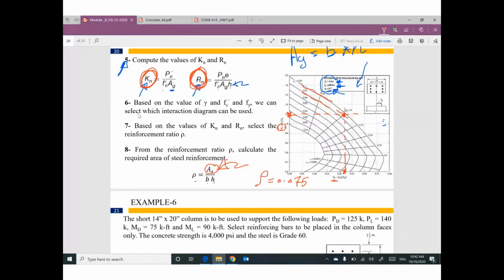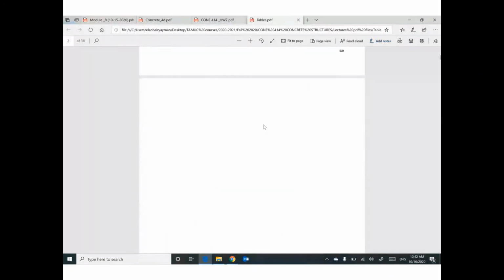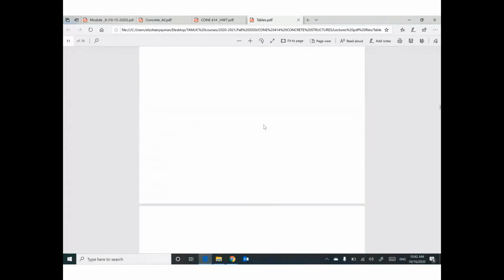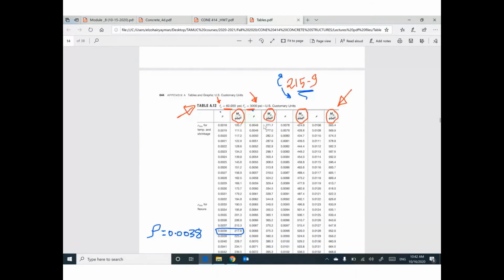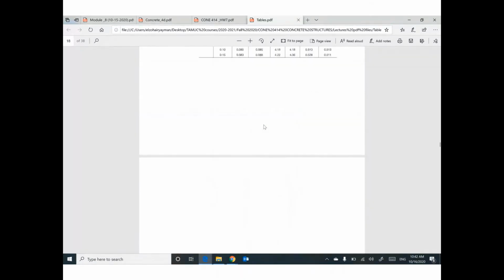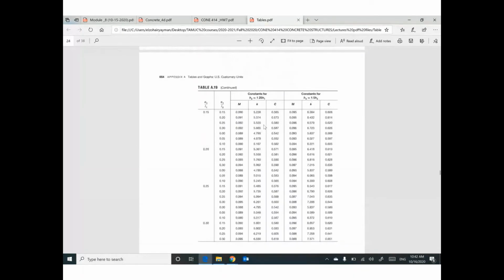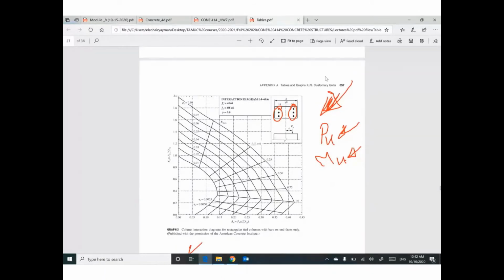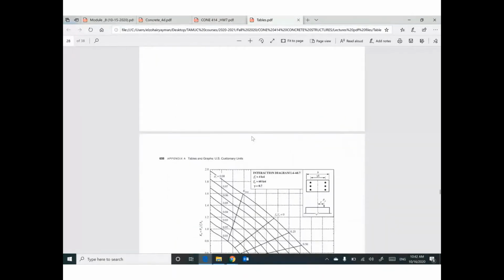Go down, starting from page 657. We have many interaction diagrams.